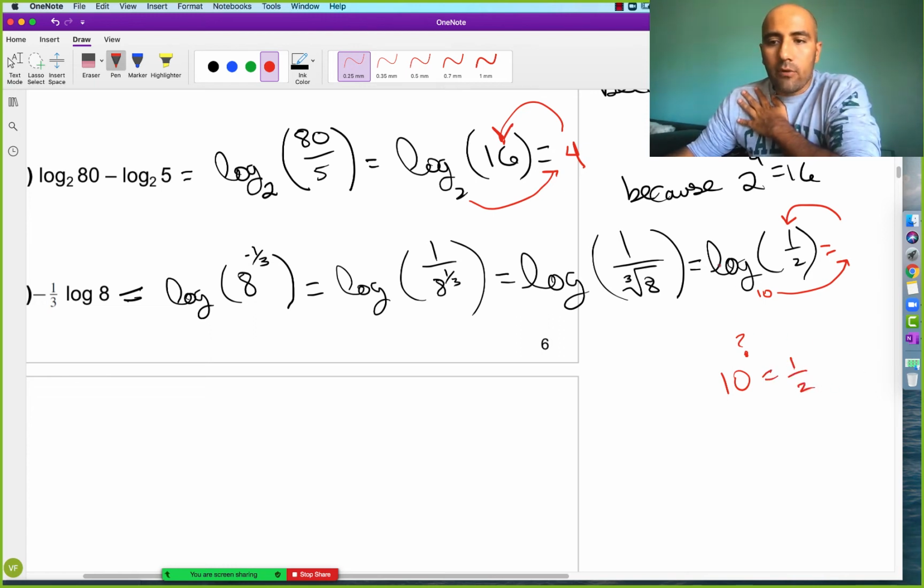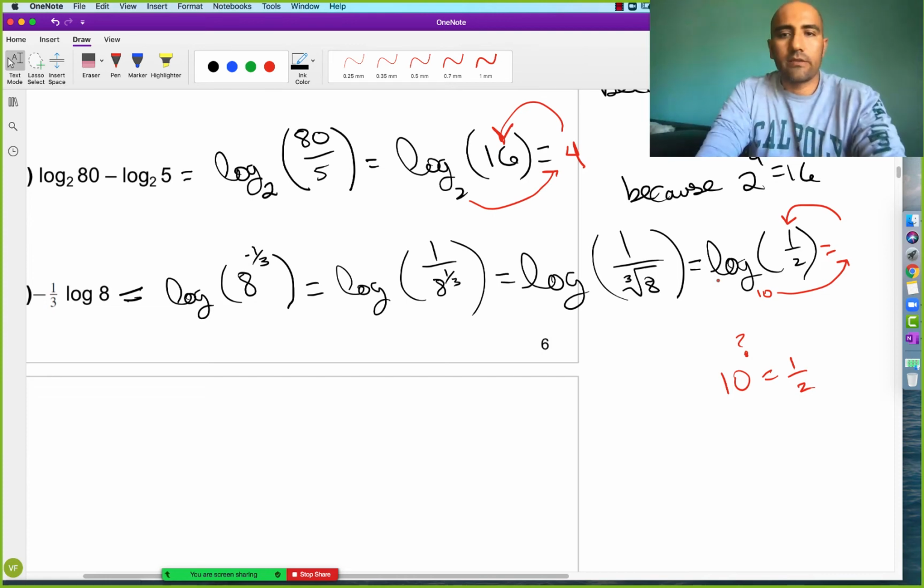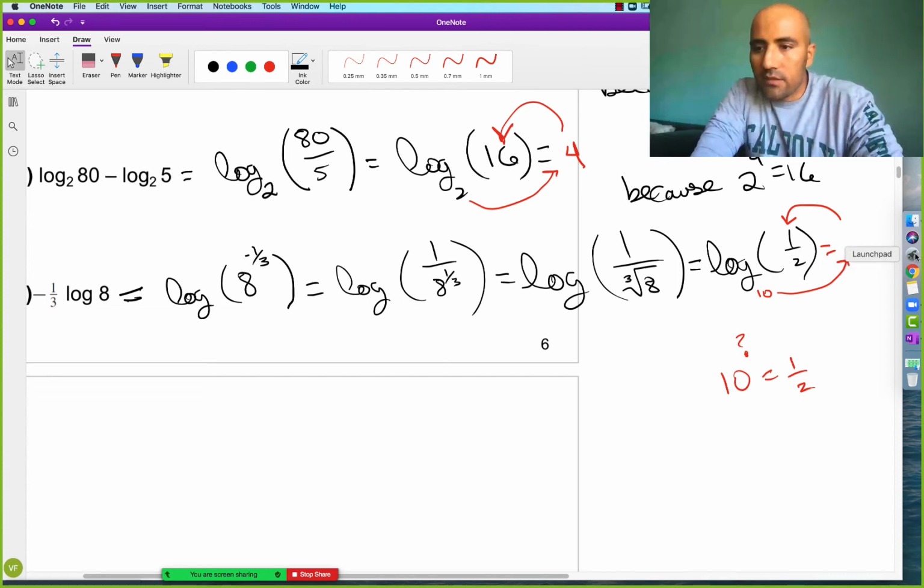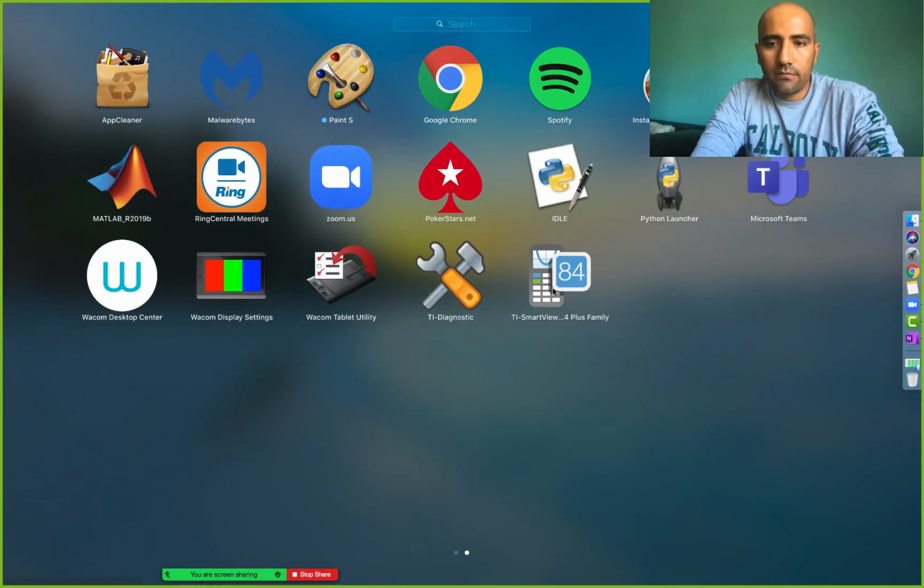Good. Okay, well, luckily log base 10 is a nice, pretty number on our calculators, so we can just go over to our calculators if you ever get stumped with one of these. So let's launch our calculator.